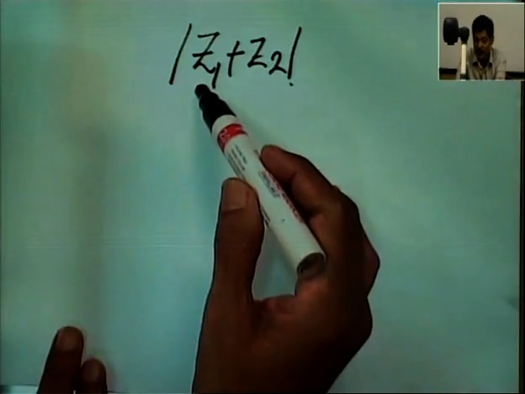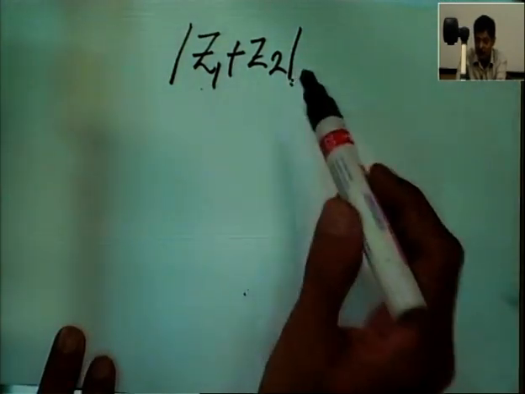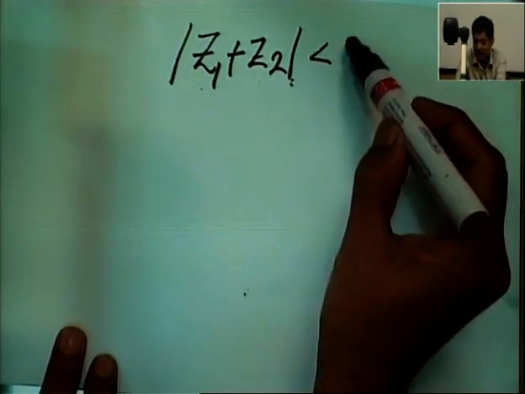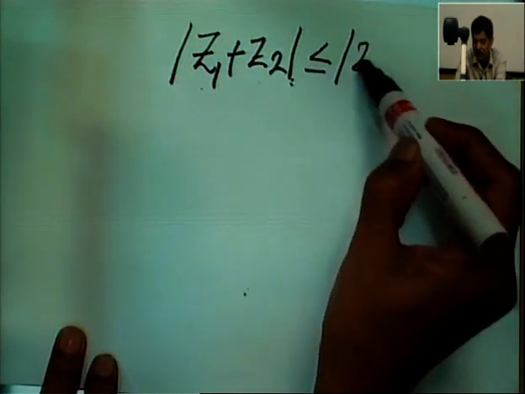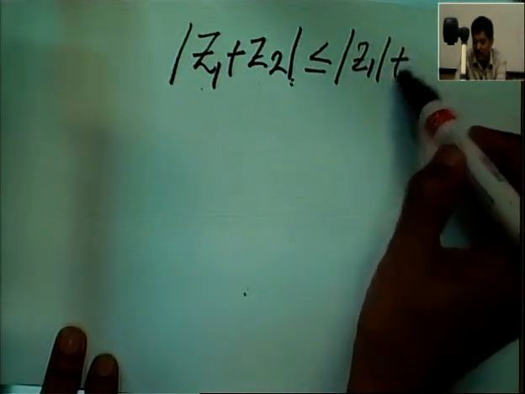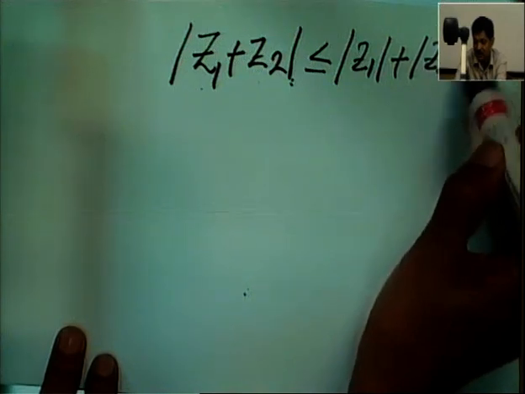If you are given two complex numbers, namely z1 and z2, and you find mod of z1 plus z2, then this is less than or equal to mod z1 plus mod z2.